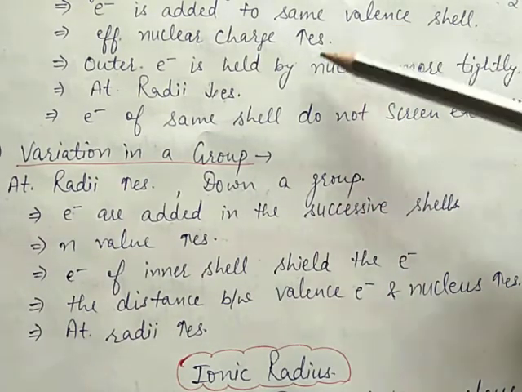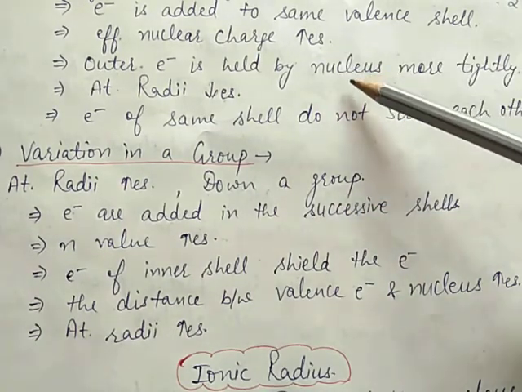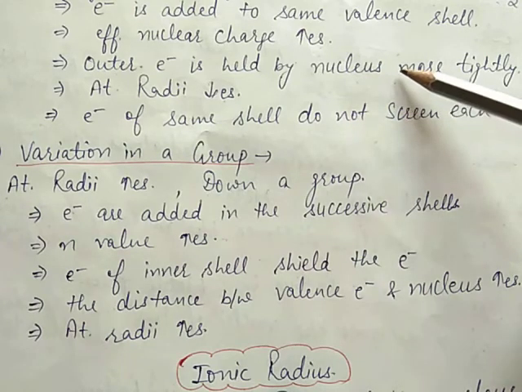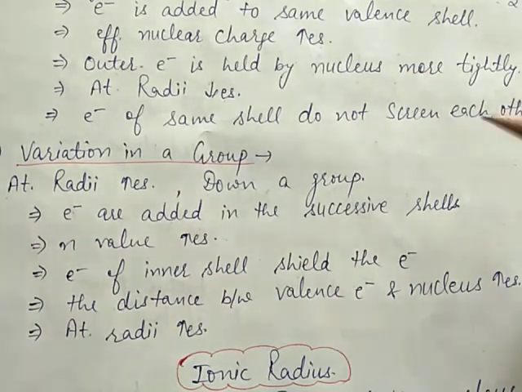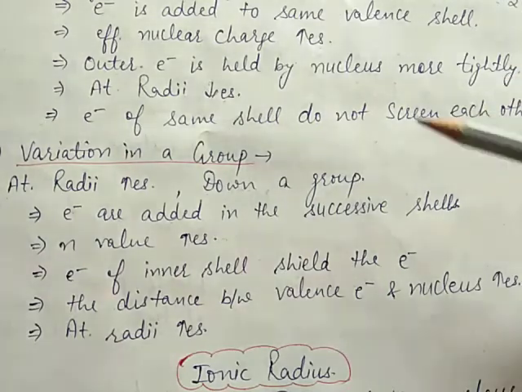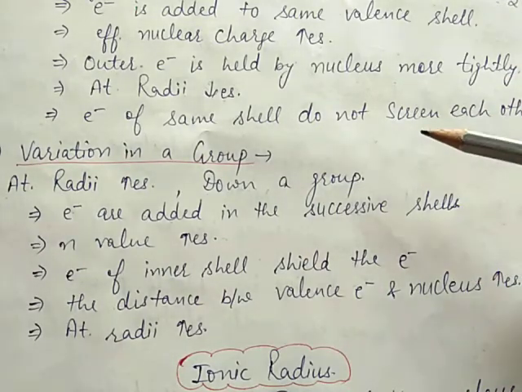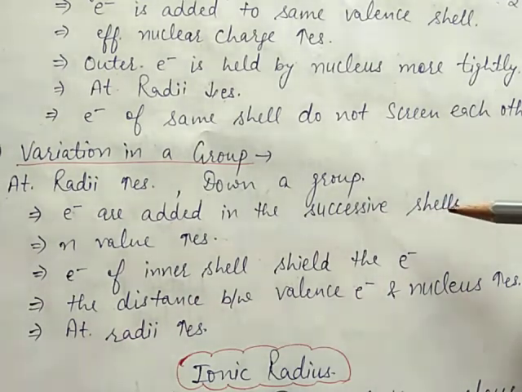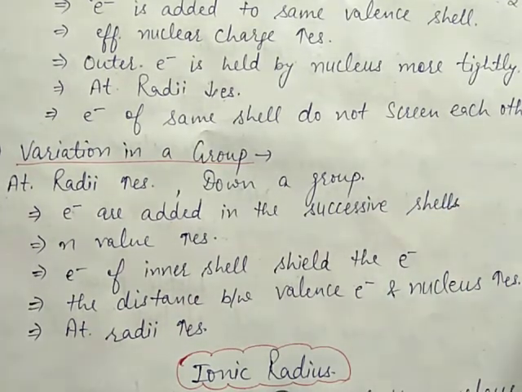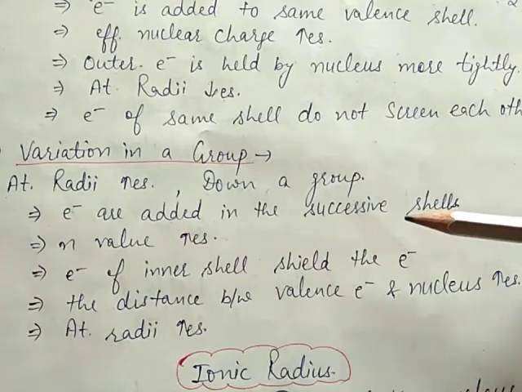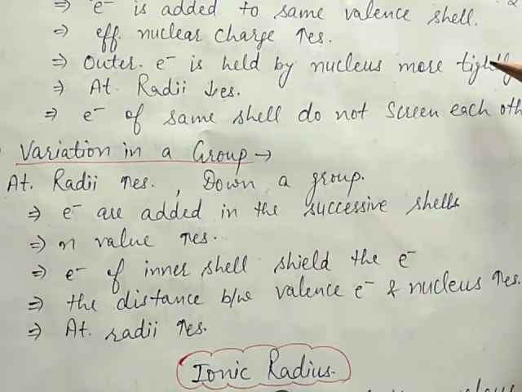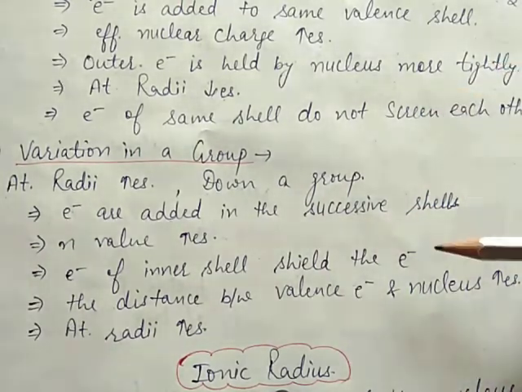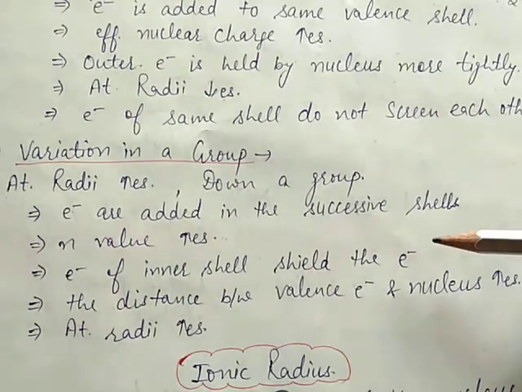Along a period, left to right, atomic radius decreases, but down the group, top to bottom, it increases. Left to right decreases, top to bottom increases.